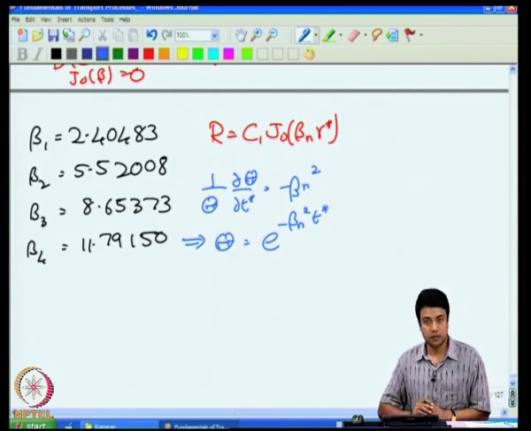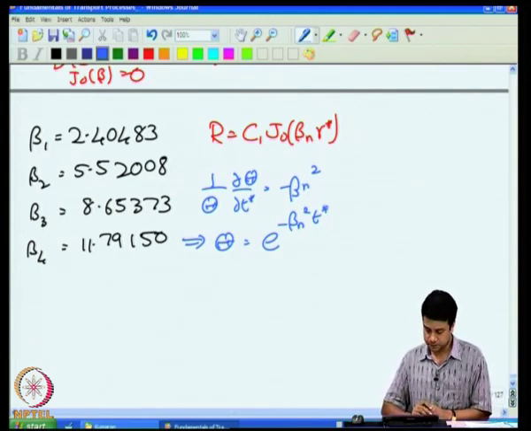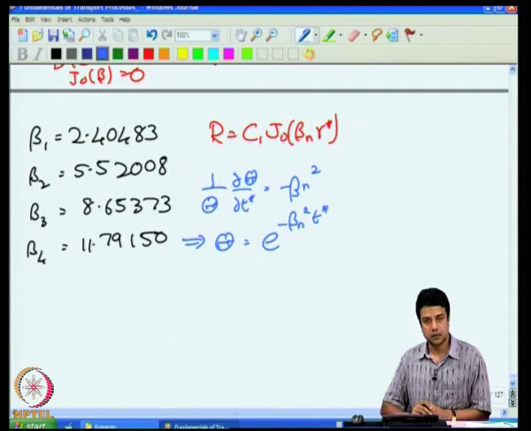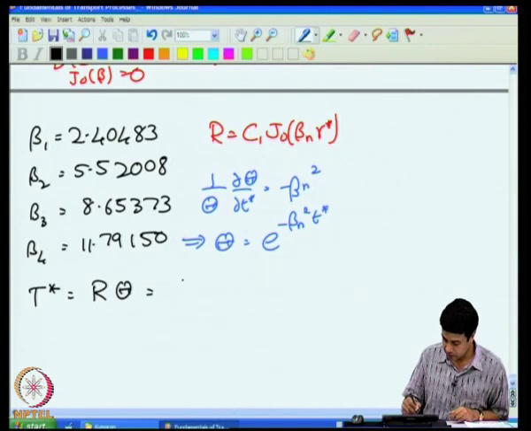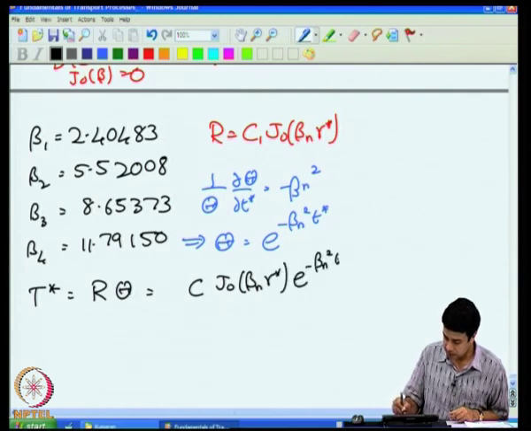So, that is the temporal part of the solution. Okay. So, the total solution T star is equal to R times theta, which is equal to C times J naught of beta n R star times e power minus beta n square t star.